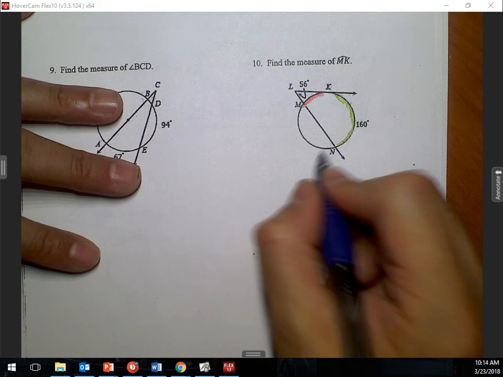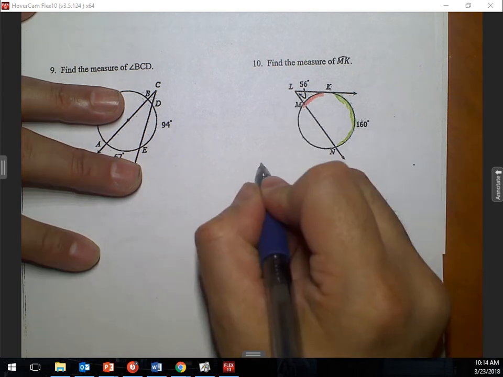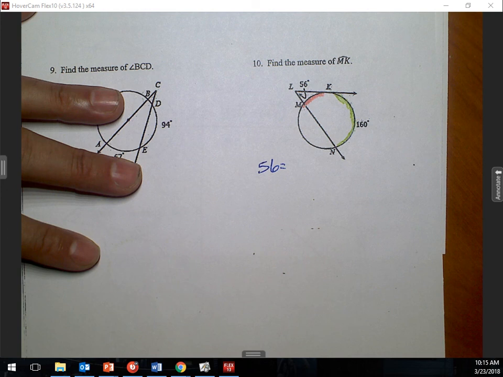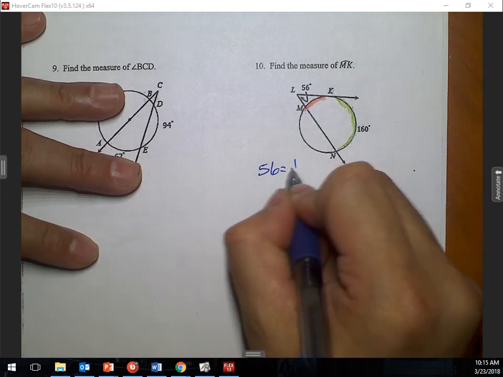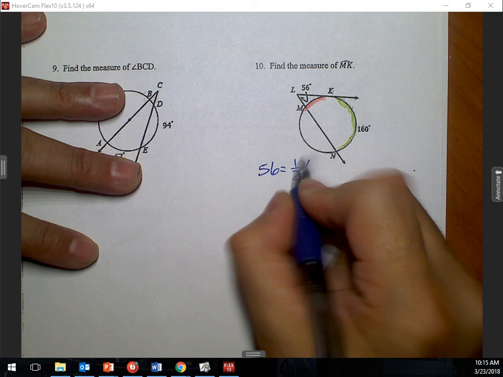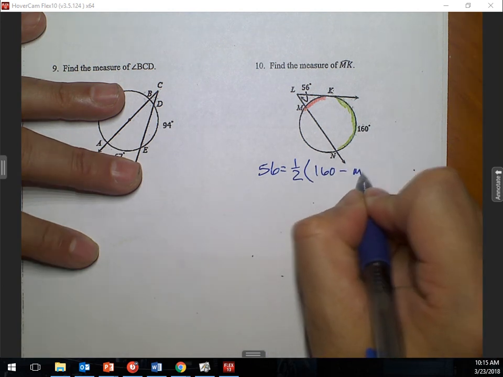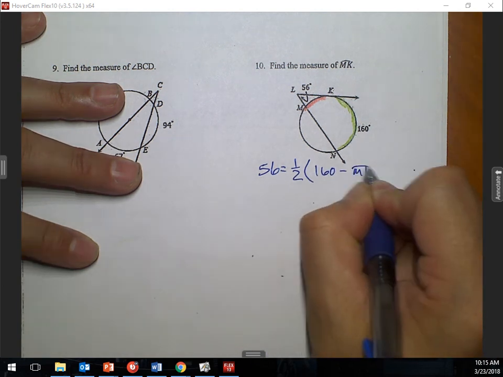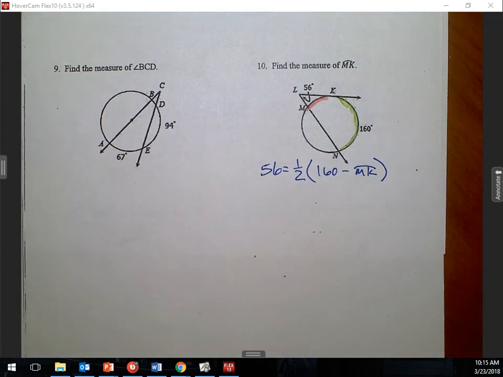To set this up, I would start off with my angle, which would be 56 equals, what am I writing? 1/2, 160 minus, is that MK? Yeah, arc MK. Okay, it's basically the same steps, so this time you have a negative you have to deal with. All right, get her done.